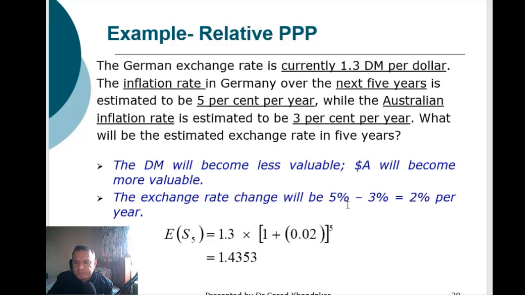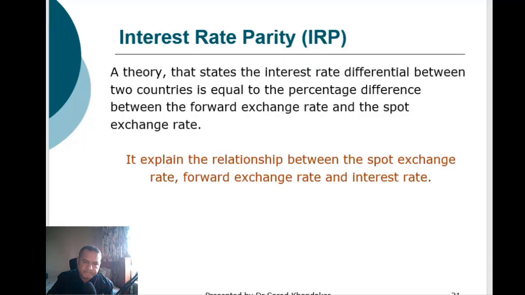Because the inflation rate in Germany will be 5% and in Australia 3%, so 5 minus 3 is 2%. Though the current spot exchange rate is 1.3 Deutschmark, in 5 years' time it will be 1.4353. So that is the example of relative purchasing power parity.